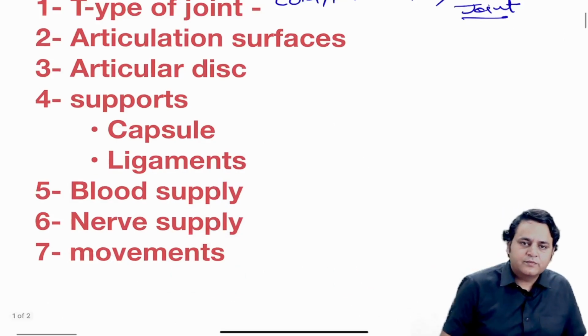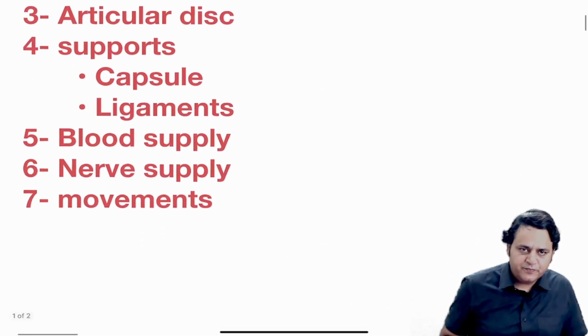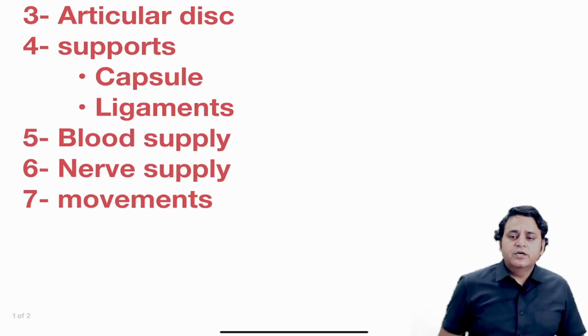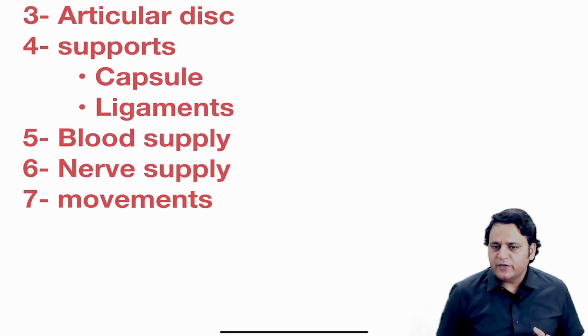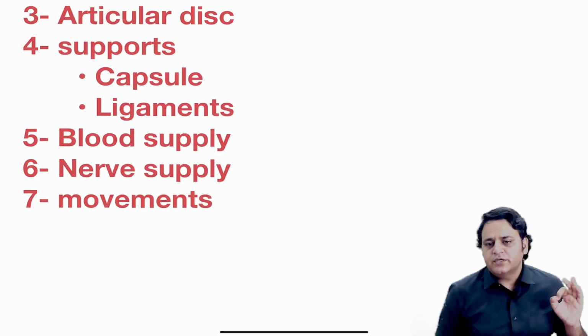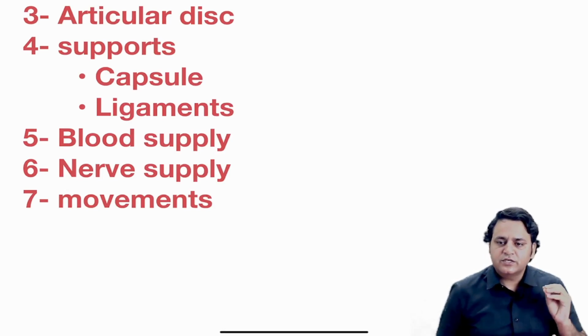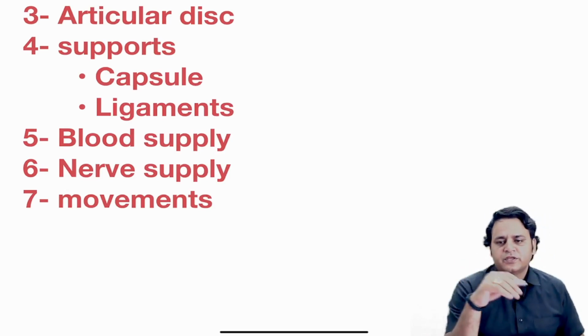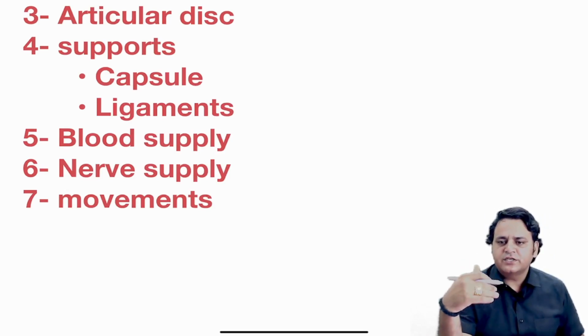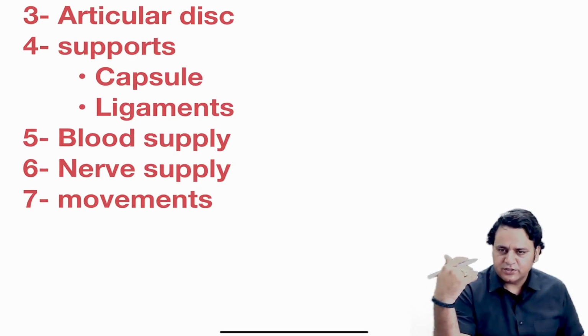Now we will come to the next point, the supports. The support of any joint is its capsule. This is the true support of any joint. So for the TMJ also there is a capsule, that is the true support of this TMJ joint.